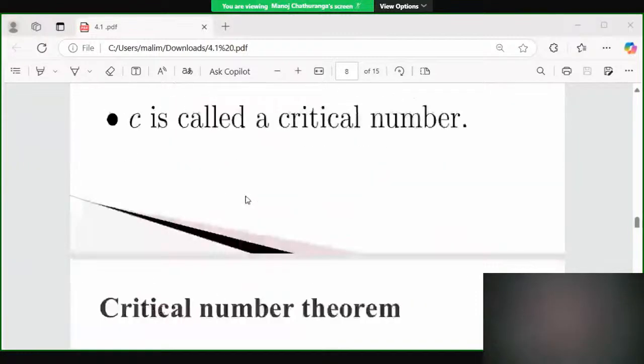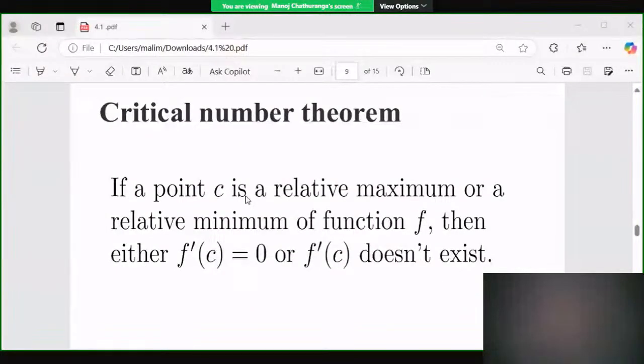The critical number theorem says you can find those if you look at critical points. If you look at zeros of the derivative or undefined points of the derivative, those are either relative maximas or relative minimas for the function.